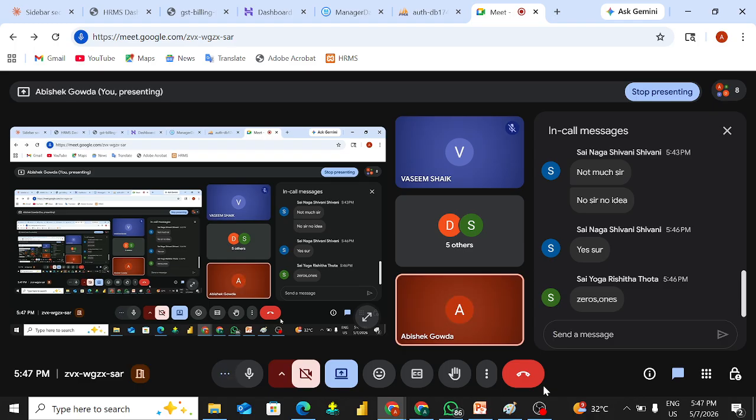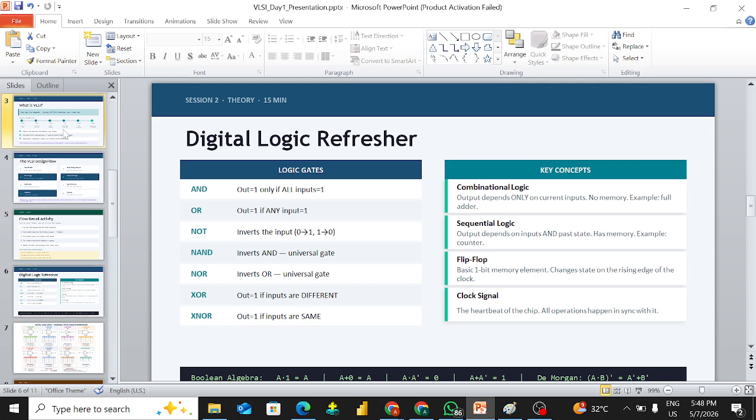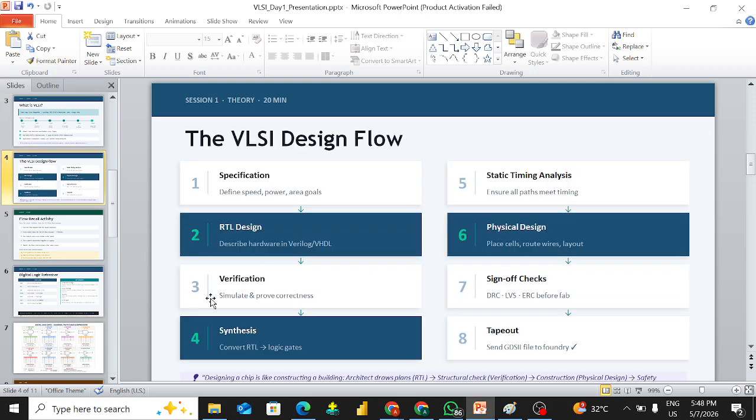Computers understand only these two states. Computer machines, everything works on only these two states. I mentioned one step in the RTL design flow, right?